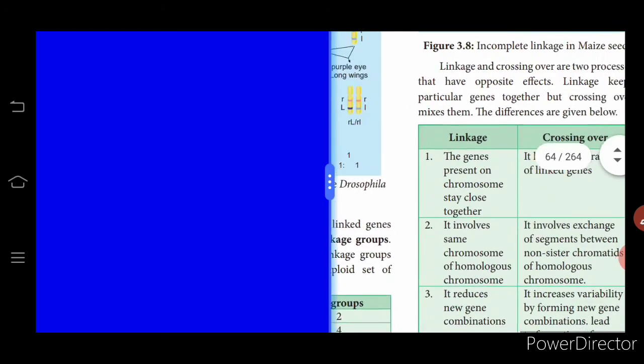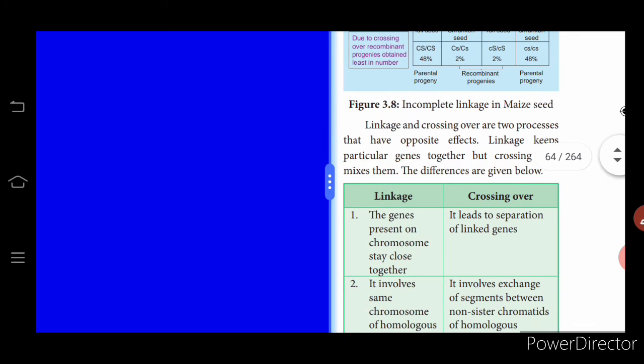You can see here that linkage and crossing over are two processes that have opposite effects. As you know, when does linkage occur? When the genes are sitting together. So how does recombination occur? That occurs by the process of crossing over.